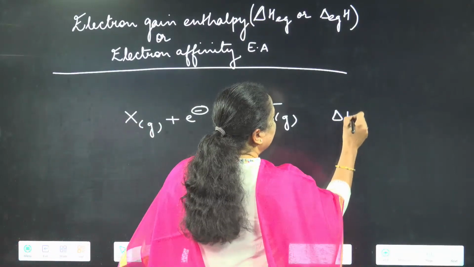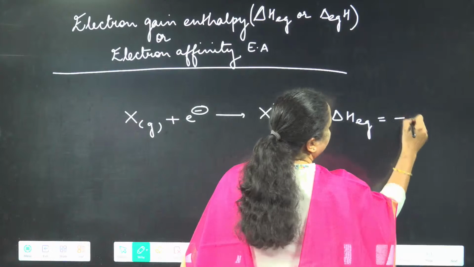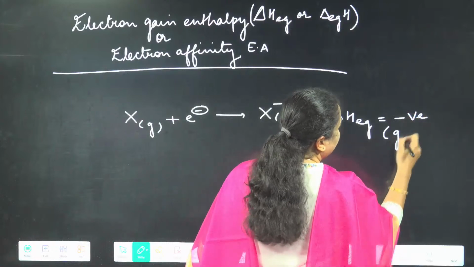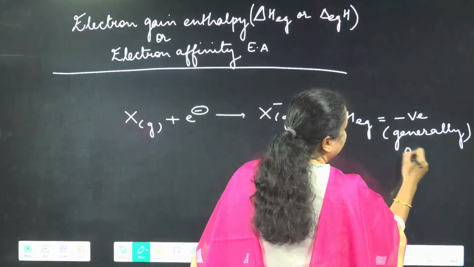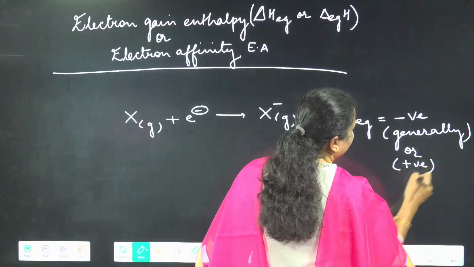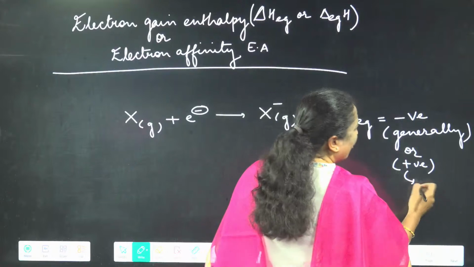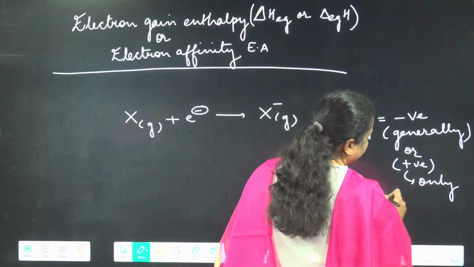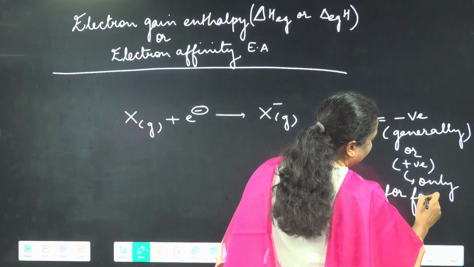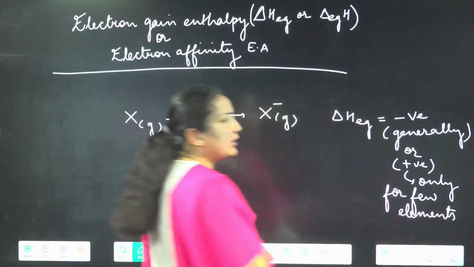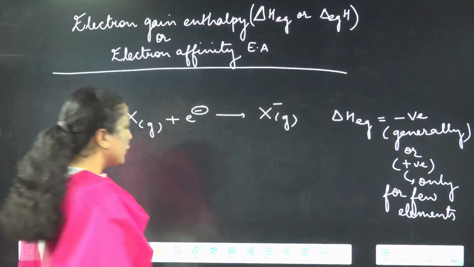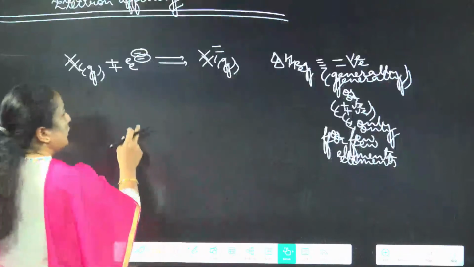So I'm writing here delta HEG negative, which is the general case. Generally it will be exothermic. It could be positive also, but only for a few elements. But in general it is negative. Negative means energy will be released.